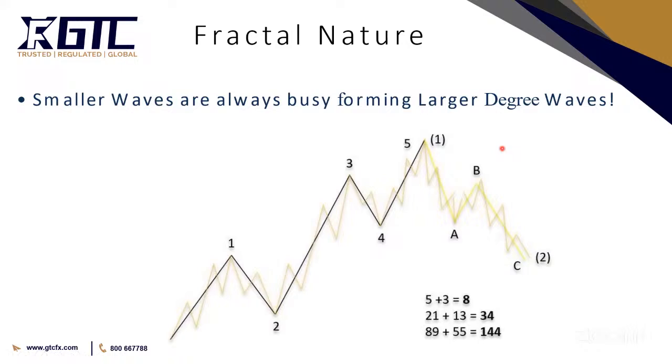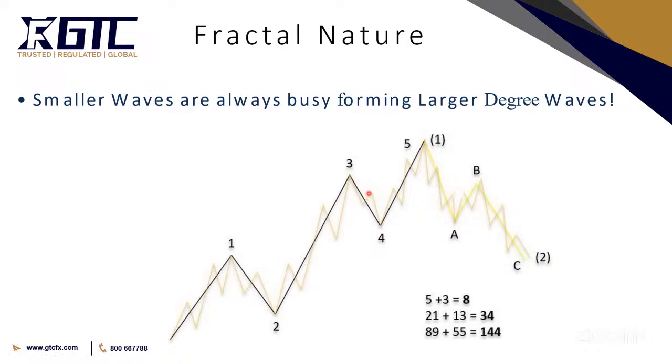That's it. Only the degrees are changing. Okay, the magnitude of price can change, but the shapes will be the same irrespective of the degree. If you are watching on a daily chart, you will see an impulse or a motive wave like this: 1, 2, 3, 4, and 5. If you are watching it on a smaller time frame, you will see again the same shape.